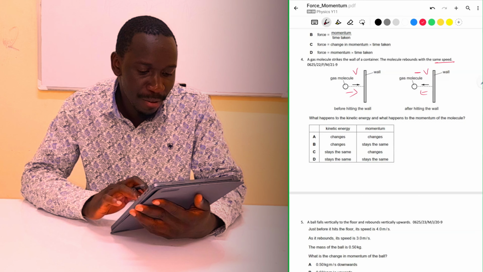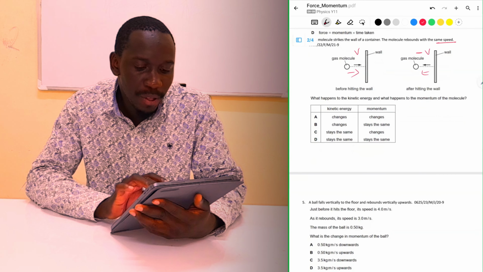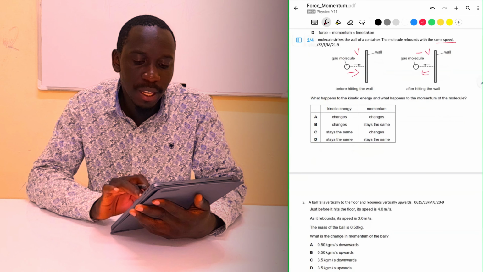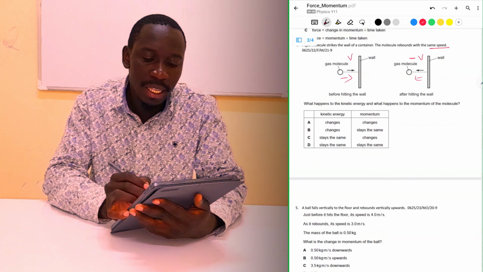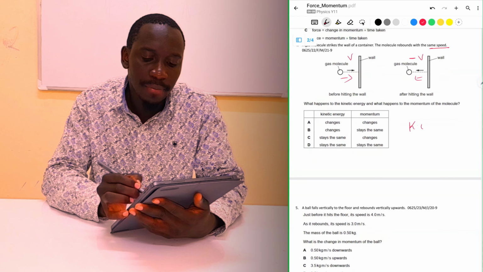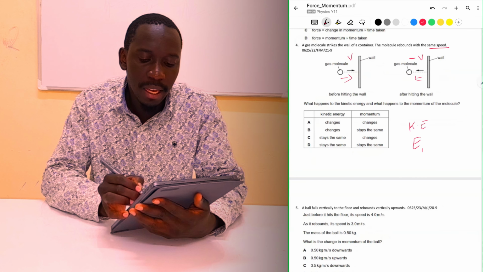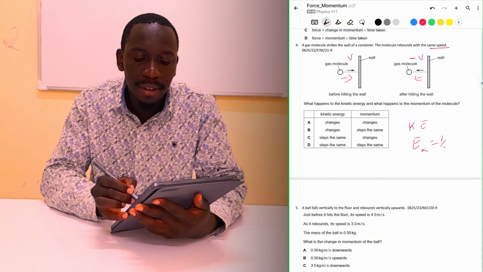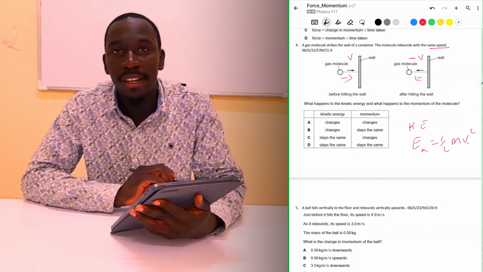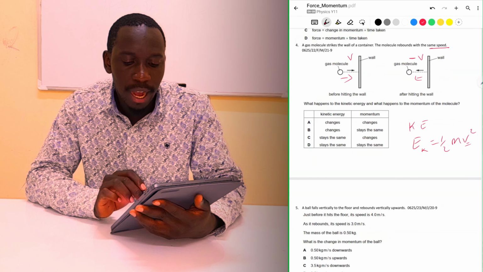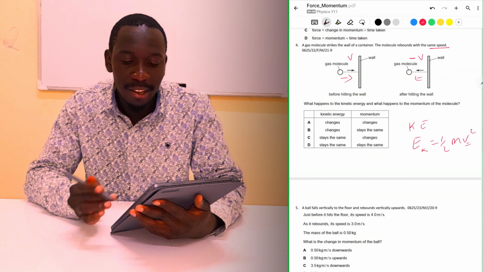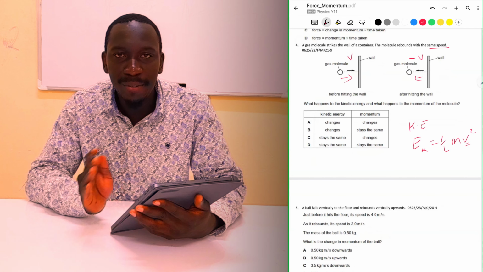So be careful. What happens to the kinetic energy and what happens to the momentum of the molecules? Kinetic energy, or I can use EK, is given by a half mv squared. Kinetic energy is a scalar quantity, where this v means speed, not velocity.